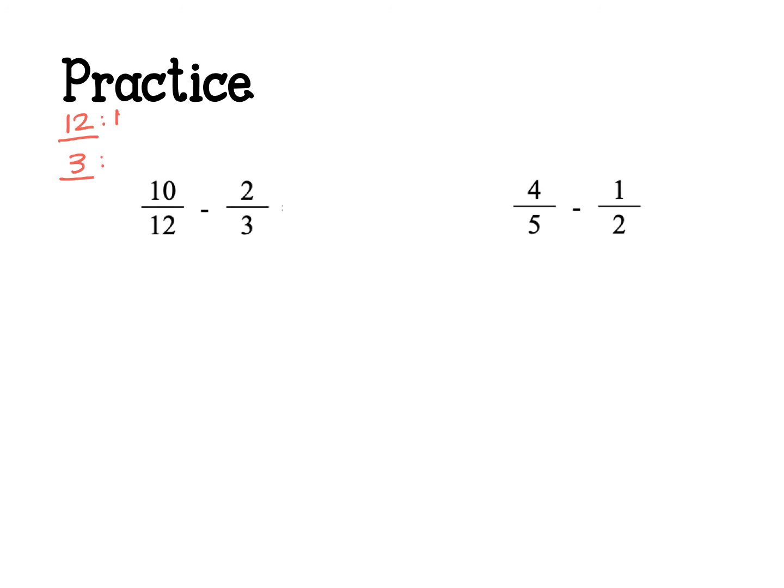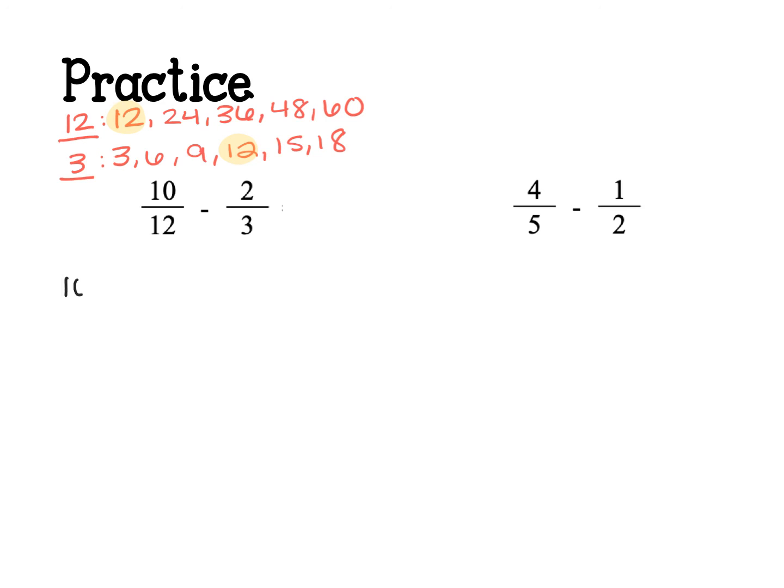So for 12, I've got 12, 24, 36, 48, 60. For 3, I've got 3, 6, 9, 12, 15, 18, and I've already found one that they share that's smaller than 36. So I'm going to use the number 12.